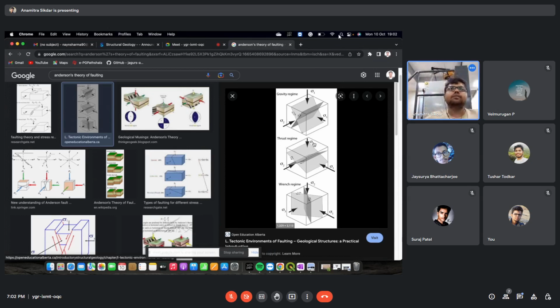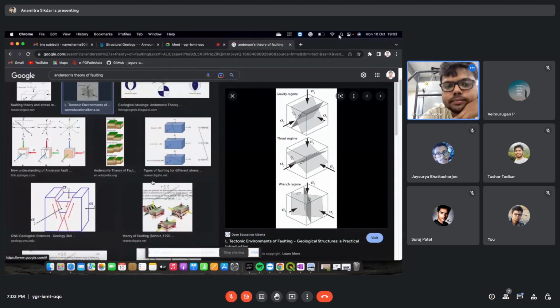If the force on the horizontal is much bigger than the force upward, then you can lift the block upwards, right? So the force acting vertically has to be the least force. That's how you can move the block upwards. And if sigma 2 is vertical, then all of these faults will be transform faults. It will just slide one past another. This is Anderson's theory of faulting.